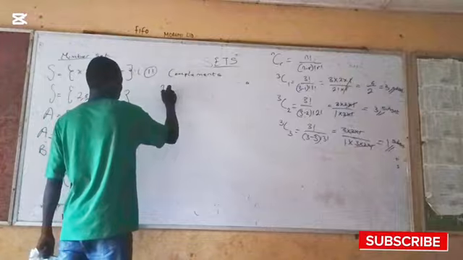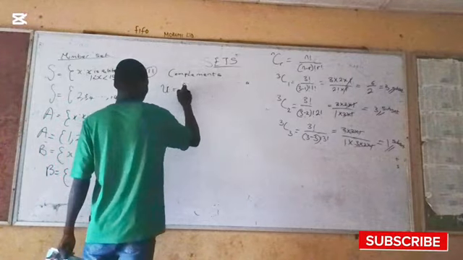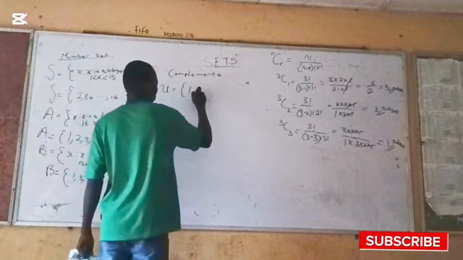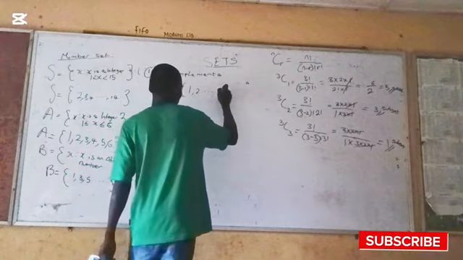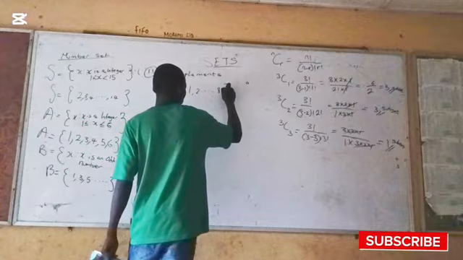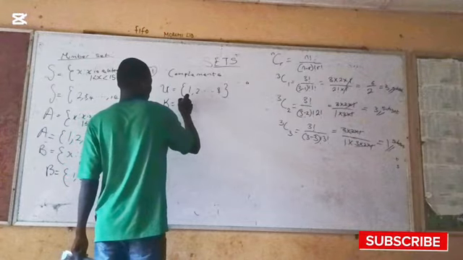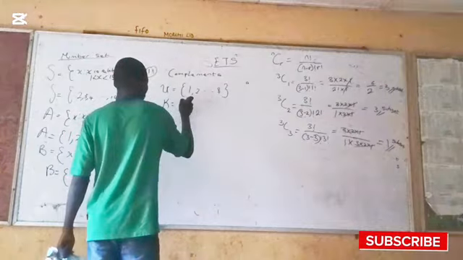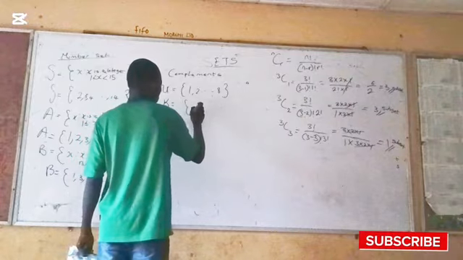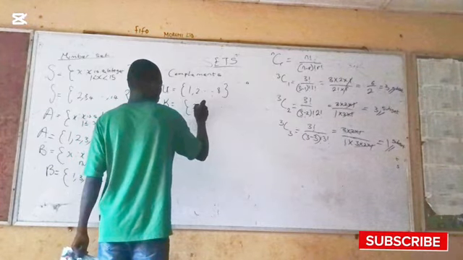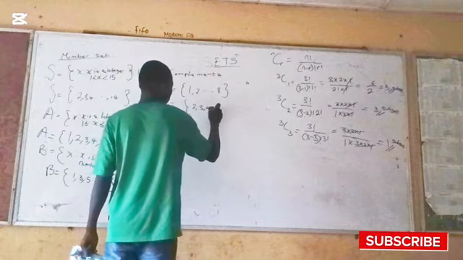Don't forget, I represent our union set with this symbol, right? I'm giving the union set as 1, 2, up to 8. And you have your elements of K set to be 2, 3, 4, 5.